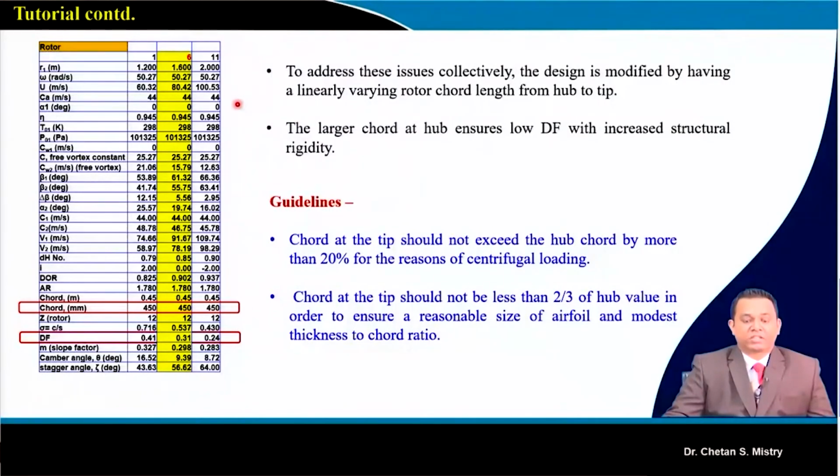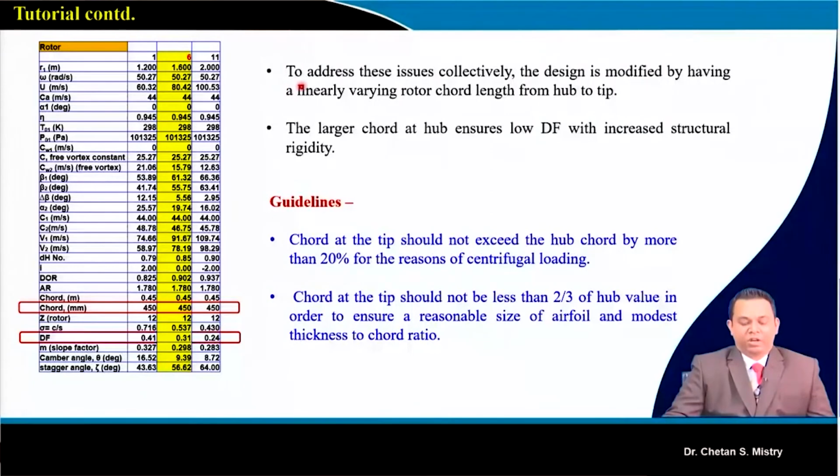So here in this case, in order to address the issue with the structure, the special requirements and weight, the chord of the blade needs to be varied from hub to tip. There are different methodologies and guidelines available in different handbooks.